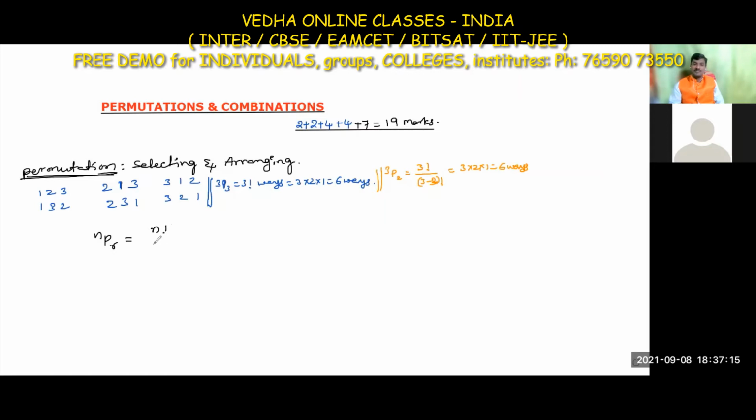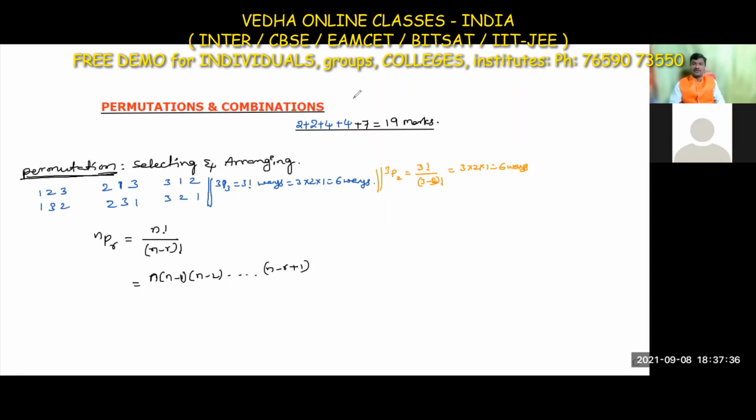The formula is n factorial divided by (n minus r) factorial, or in short form we can write it as n into (n minus 1) into (n minus 2) and so on, up to (n minus r plus 1).